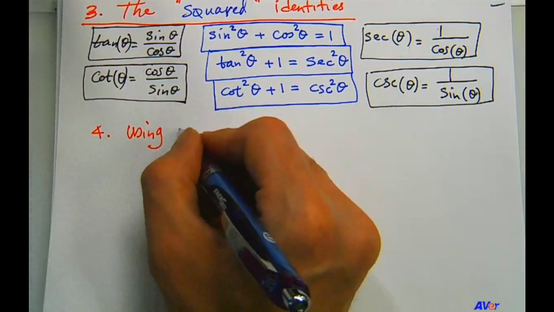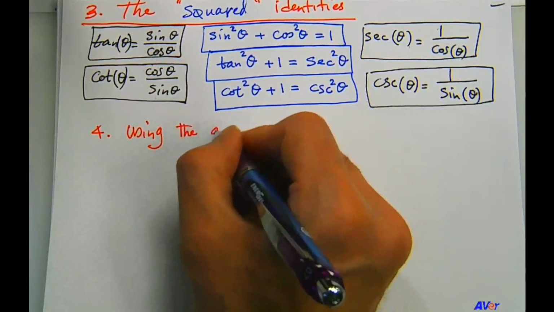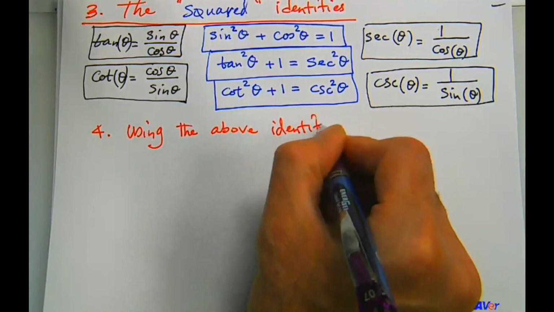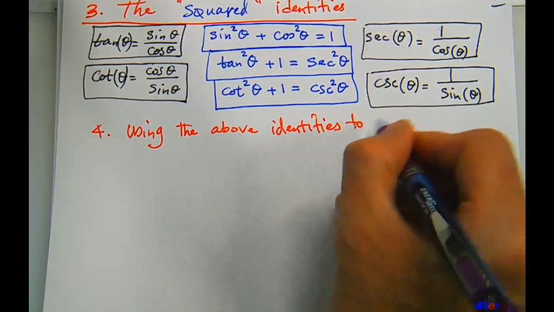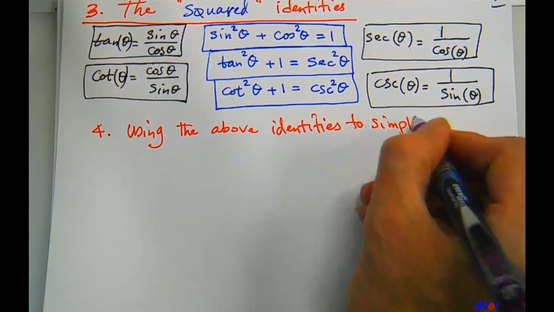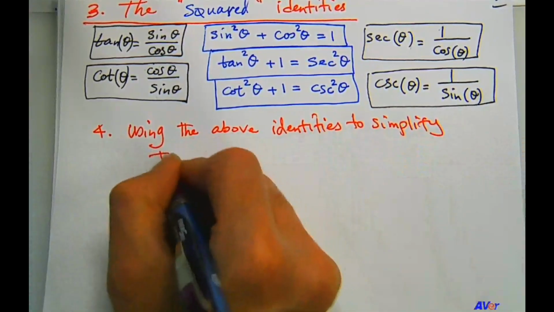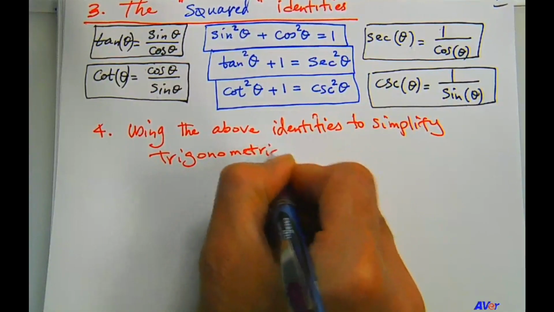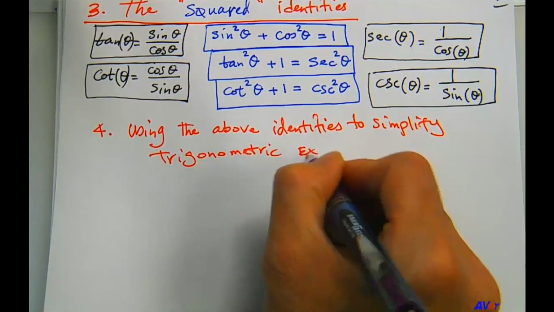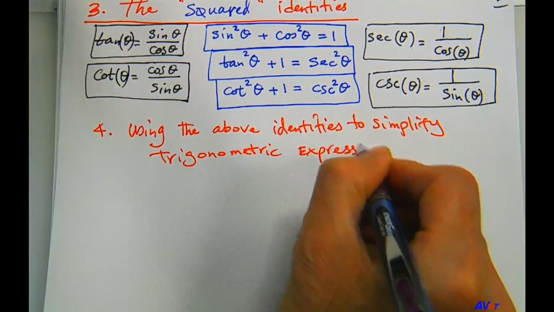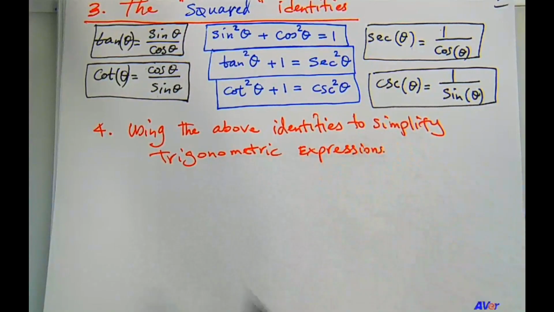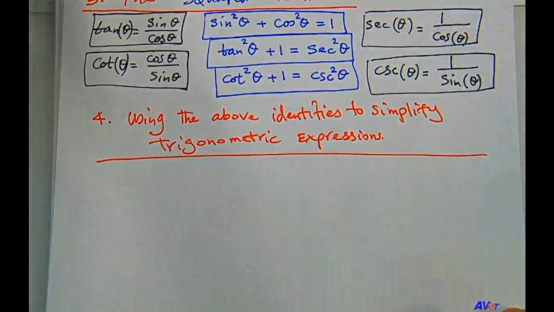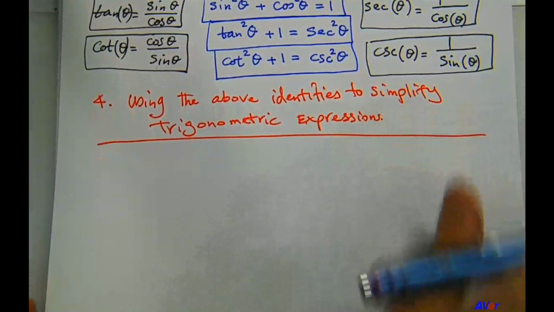Using the above identities to simplify trigonometric expressions. Okay, let's jump right into some examples. That's the best way to do this.